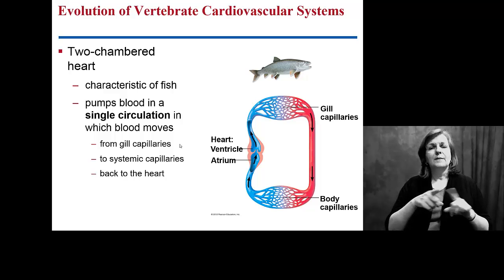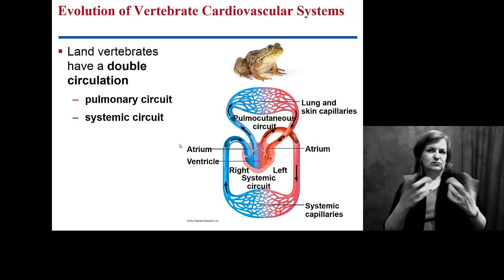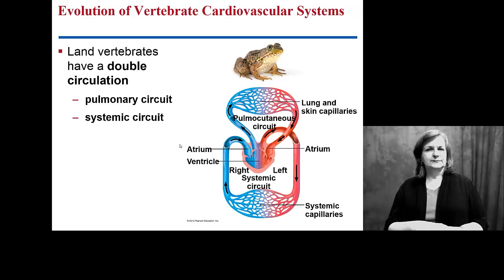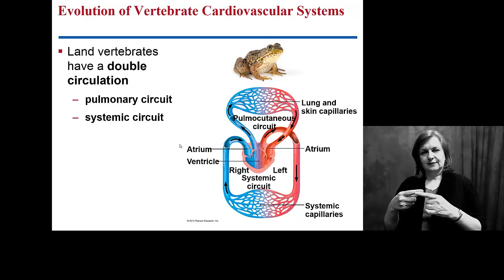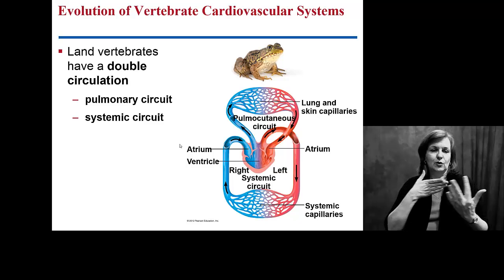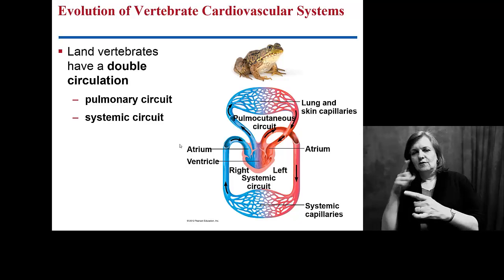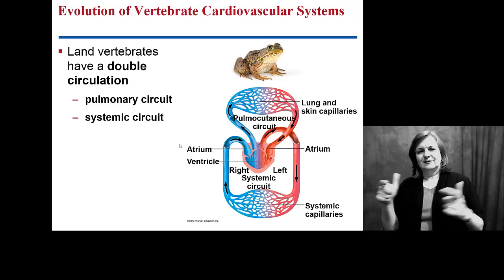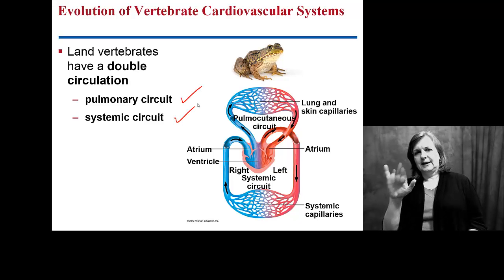But when we get into other organisms, this isn't going to work quite as well. And we start setting up two separate circuits. So in the fish, we pump to the gills, then the gills moved the blood out to the rest of the fish. This doesn't work well in larger organisms, more complex organisms. So we set up a double circulatory system, a pulmonary circuit and a systemic circuit. In respiration, we saw this already.